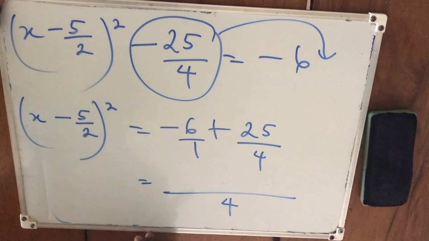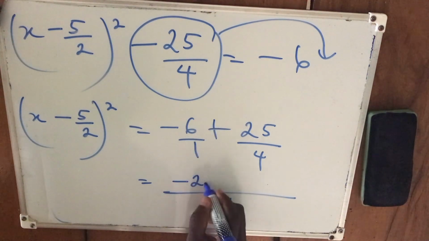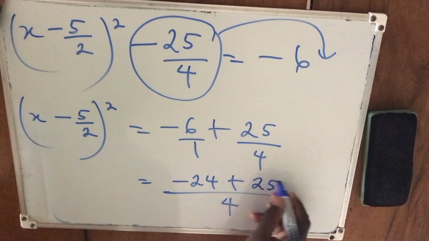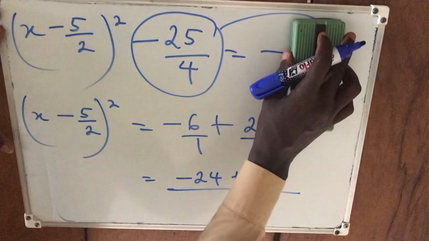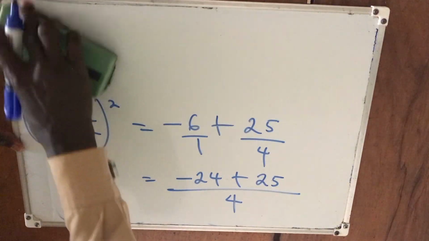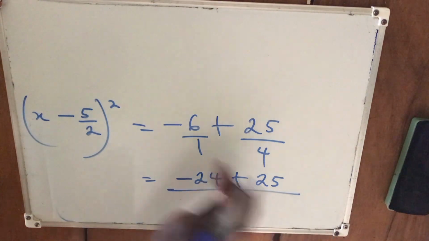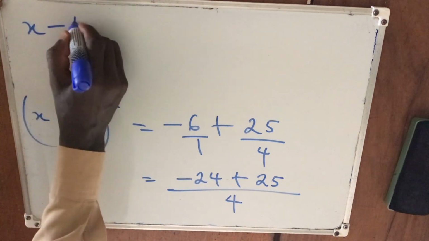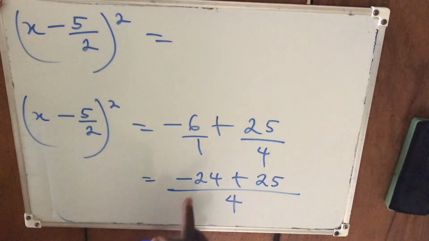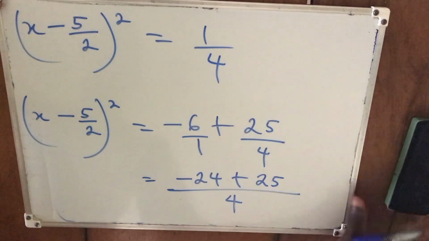I shouldn't be doing this, but just for you to understand: 4 times minus 6 is minus 24, plus 4 in 4 is 1 times 25, that's 25. So x minus 5 over 2 all squared is equal to minus 24 plus 25 over 4, which is 1 all over 4.